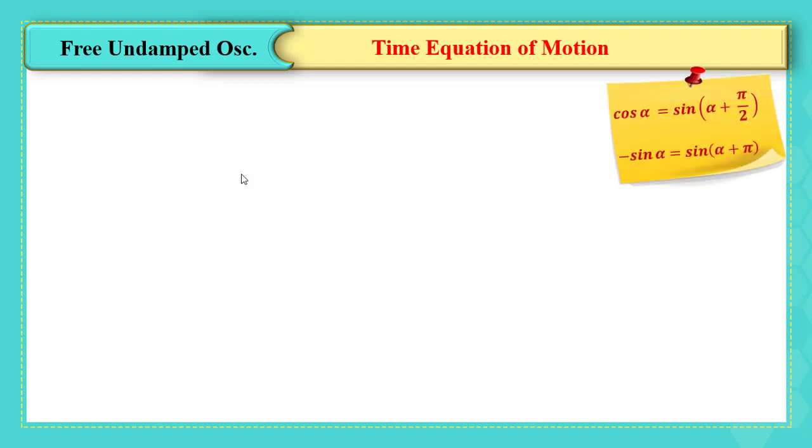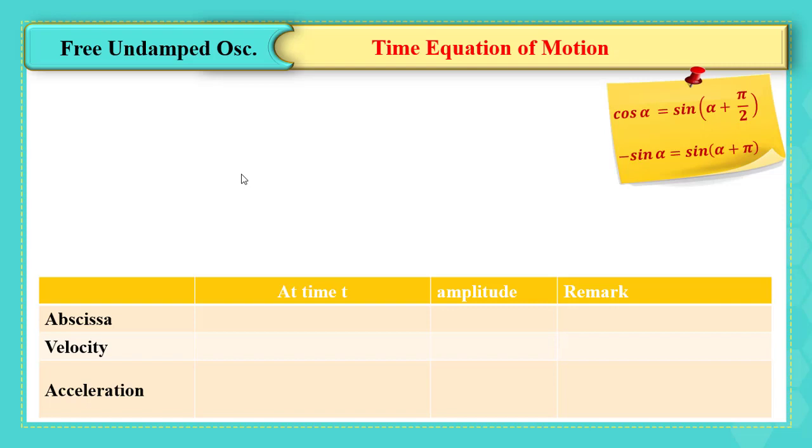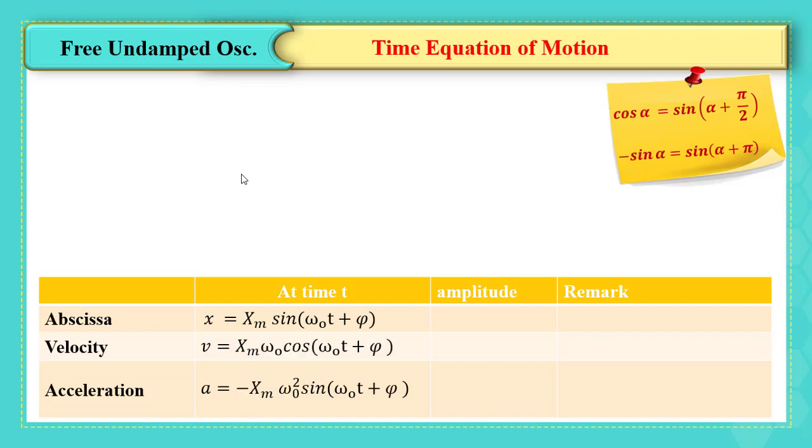After defining the time equation, we can now define the velocity and acceleration time equations by the derivative of x and the derivative of v, or the second derivative of x. The amplitude of x is xm, that of v is xm omega 0, and that of the acceleration is omega 0 squared xm. It is always positive.